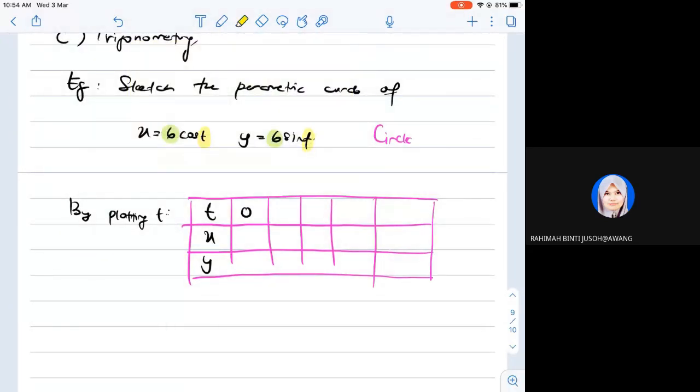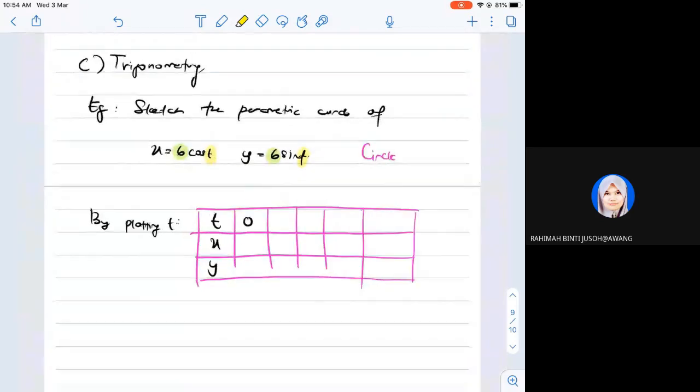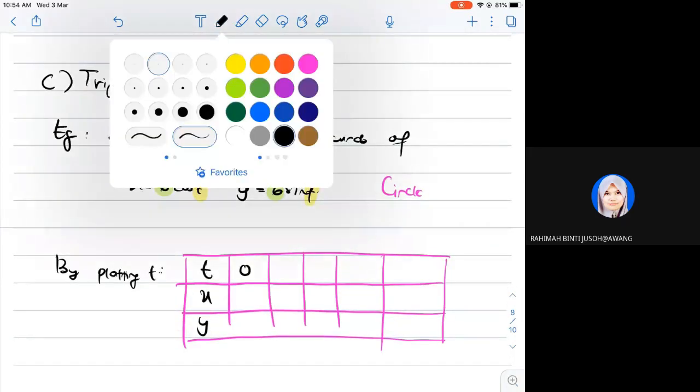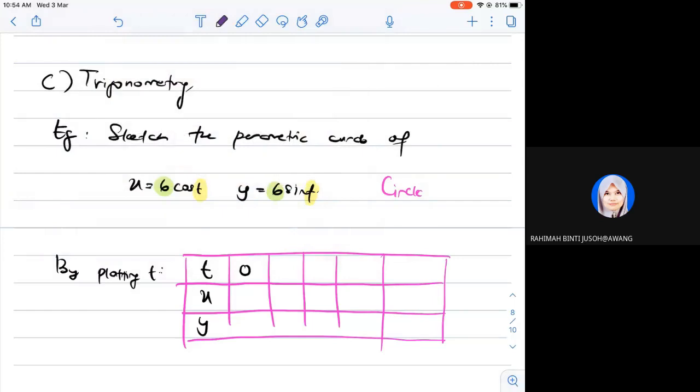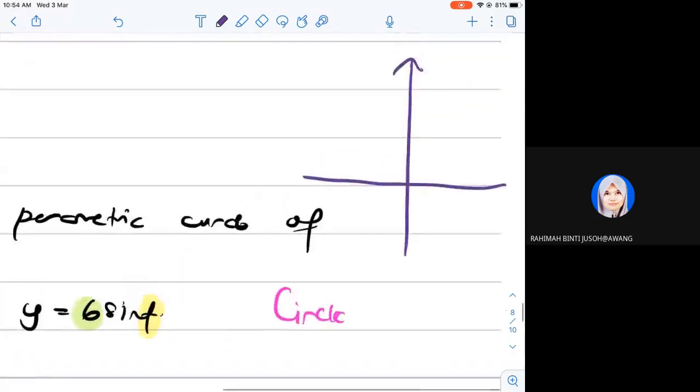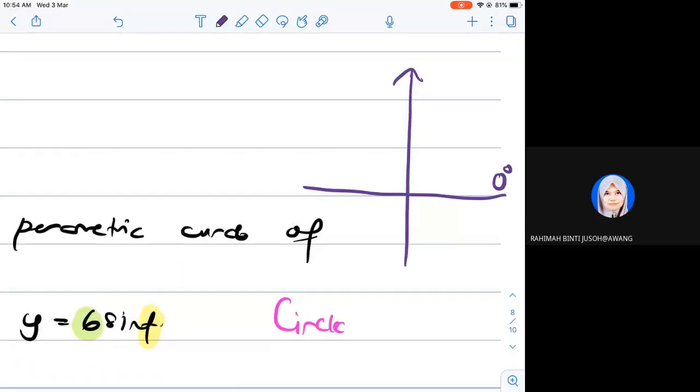So bila angle, sudut kita ada, sekejap saya sketch. Kita recall balik yang you all dah belajar zaman-zaman sekolah tu. Okay, kalau dekat sini, ni sudut 0 degrees, isn't it? Ini 90 degrees. Okay, and then this here should be 180 degrees. Here's 270 degrees. And then patah balik, cukup pusingkan, dia jadi 360 darjah lah. 360 degrees again.